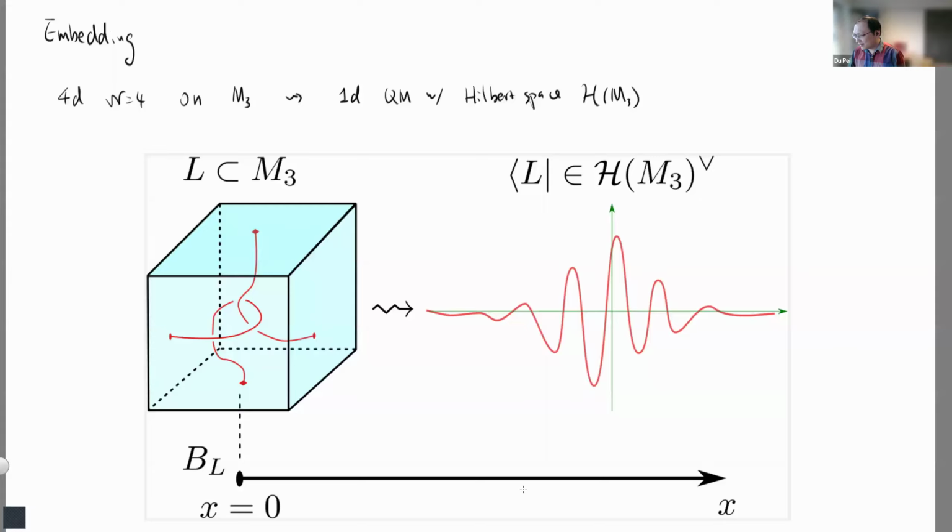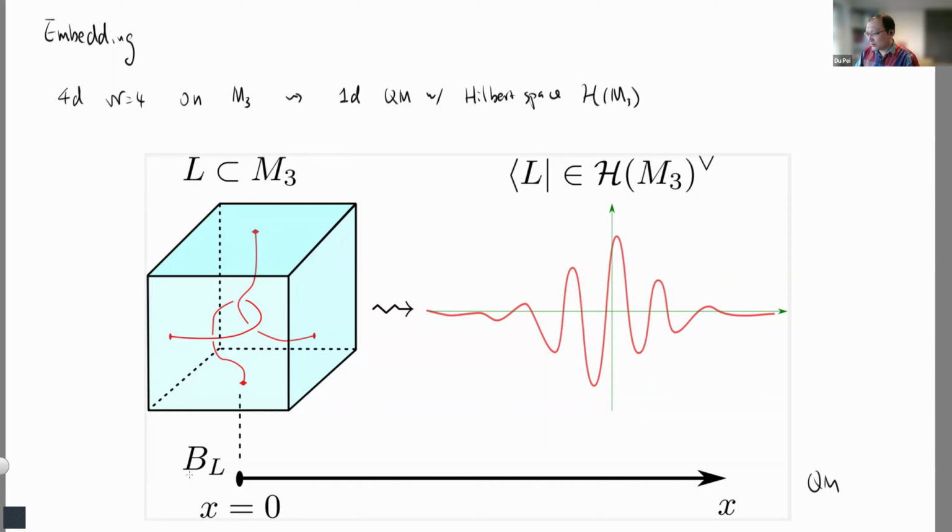So I have drawn this quantum mechanics. At the lower part, X is in a sense the quantum mechanics time. So this is where the quantum mechanics lives. And if I pick a point, then at that point there's going to be a Hilbert space.